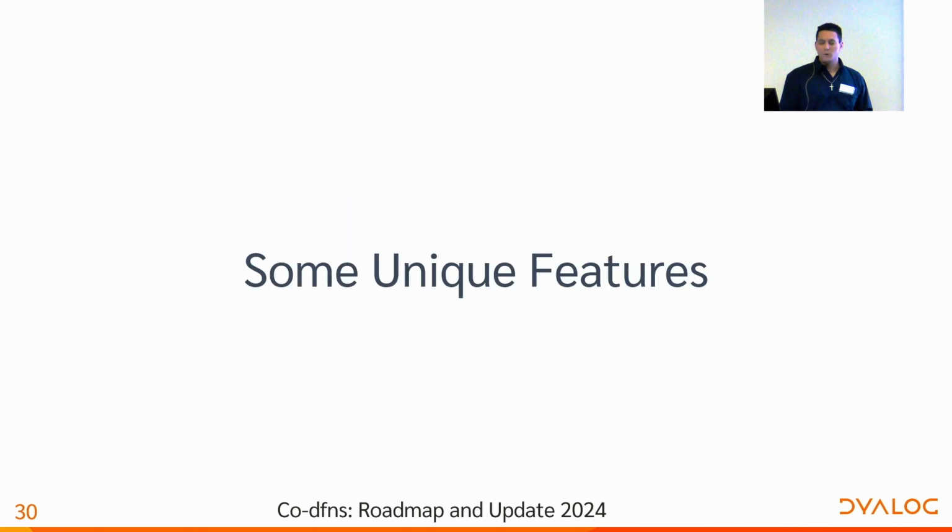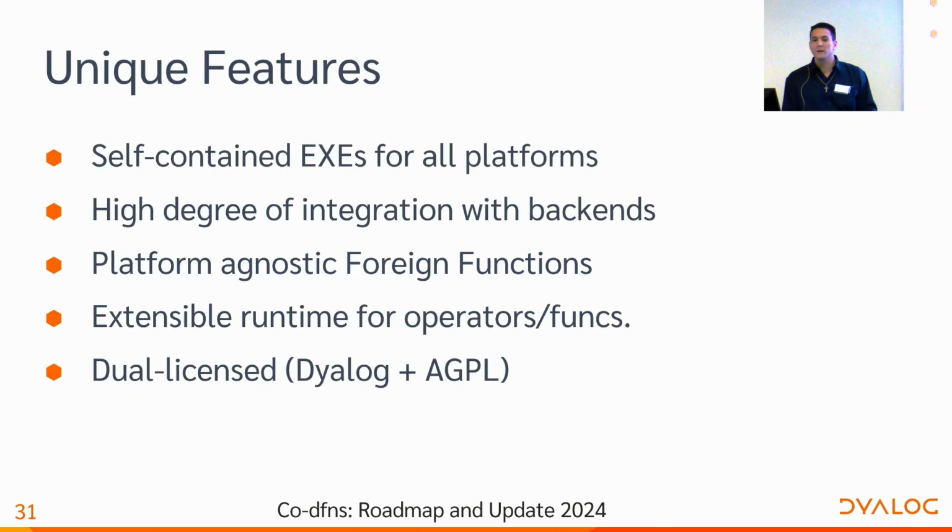But there are some unique features that the compiler can give you that may be rare or don't exist in other places. So one is you can produce self-contained EXEs that are entirely independent of anything else on all of the platforms that we can compile to. Eventually that will also be possible on the Mac, so you don't have any other dependencies sitting around. You can get a really high degree of integration with your backends.